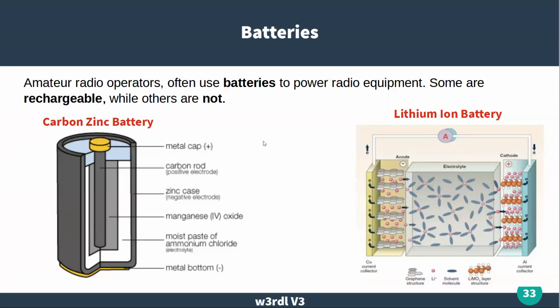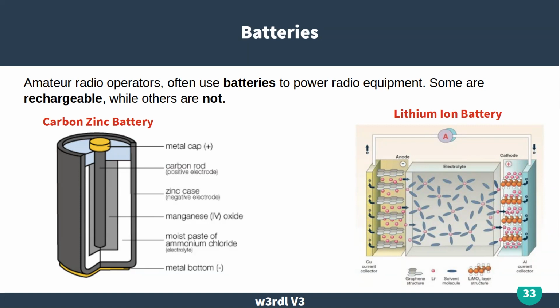Okay, batteries. Well, we kind of have two kinds. We have non-rechargeable batteries, which are your typical carbon zinc type that you have in mice, flashlights, whatever. It's a chemical reaction, and once it's finished, it doesn't produce voltage anymore and it doesn't work.